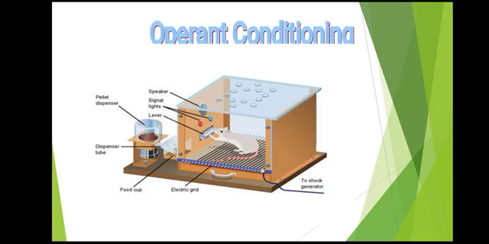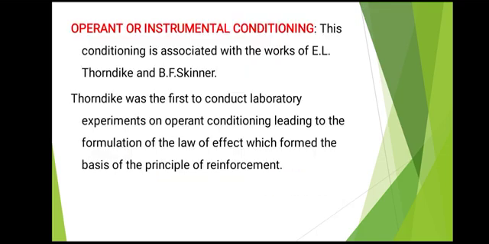This operant conditioning technique was given by B.F. Skinner with the help of Edward Lee Thorndike. If you remember, in the laws of learning, we discussed that Edward Lee Thorndike gave three major laws and six minor laws, in which one major law was the law of effect.